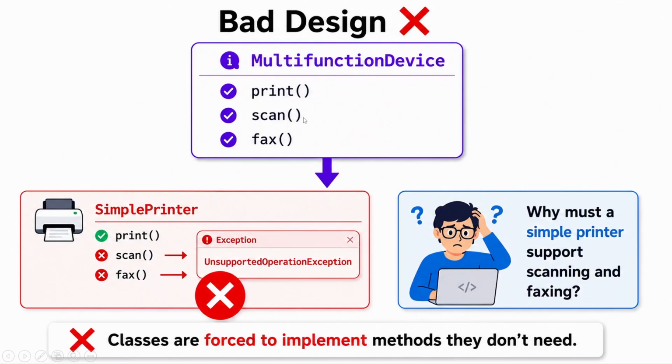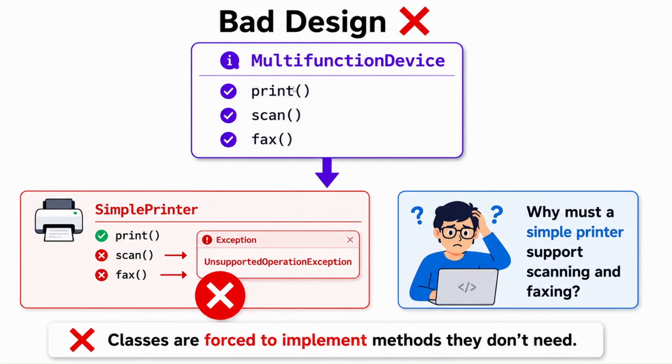So why does this problem occur? Because we haven't segregated the interface well. What is segregation? We need to add methods inside an interface which make sense when we see it from the concrete class point of view.